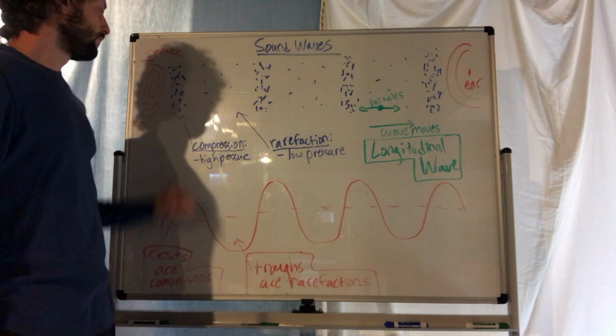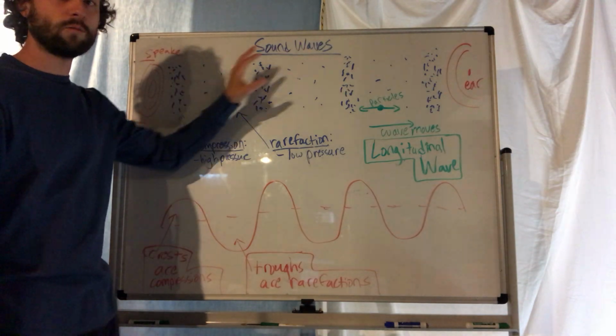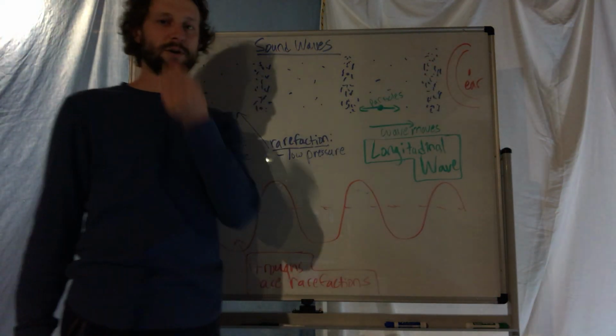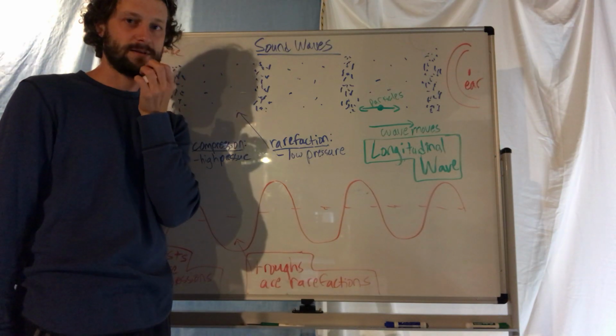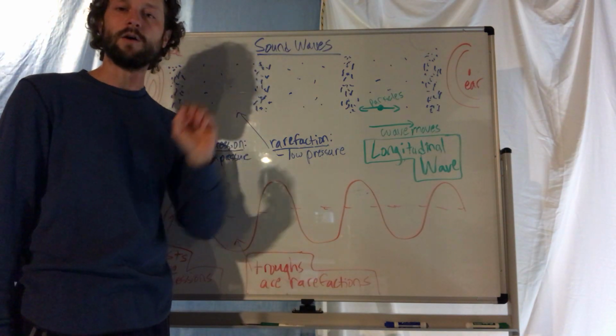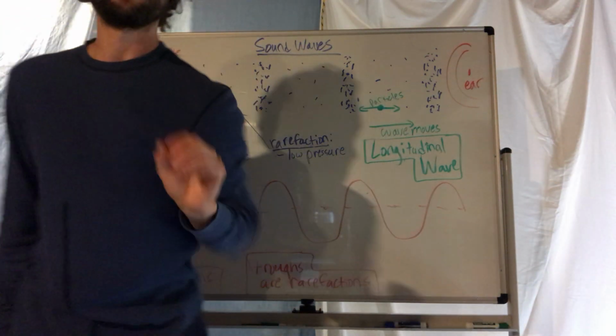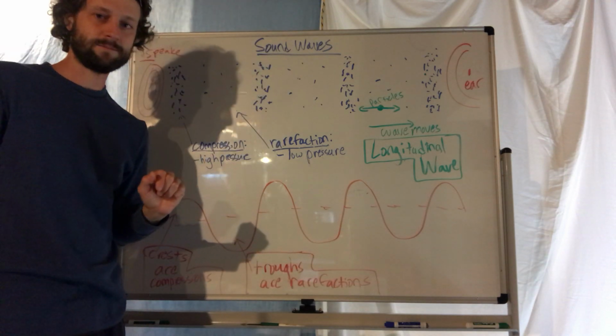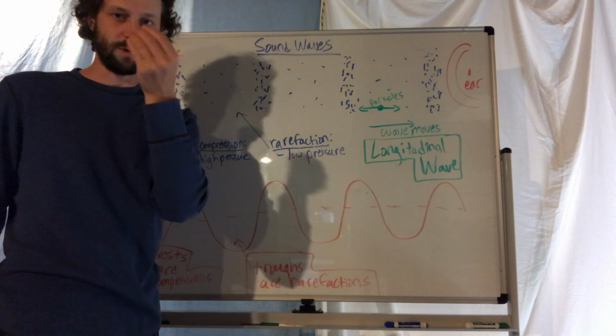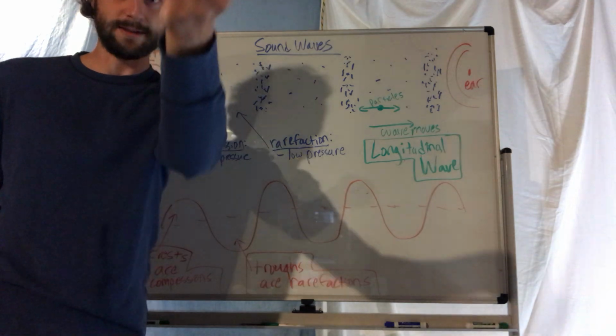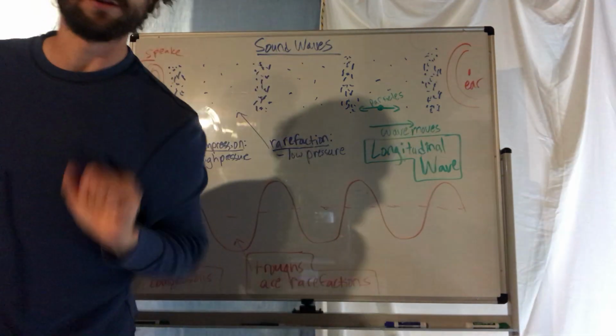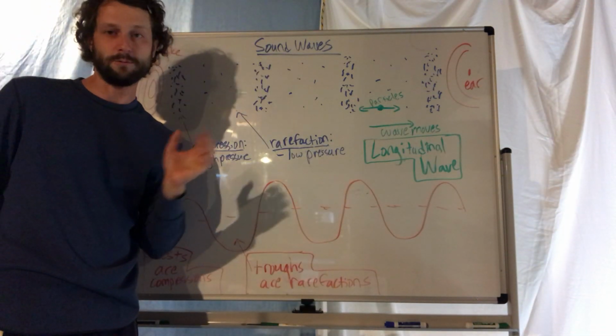Okay? The particles over here do not walk all the way to the ear. The particles by my mouth, the air molecules, do not walk all the way to the phone that is listening. There's a chain reaction. One bumps into the next, into the next, until it reaches whatever's listening.